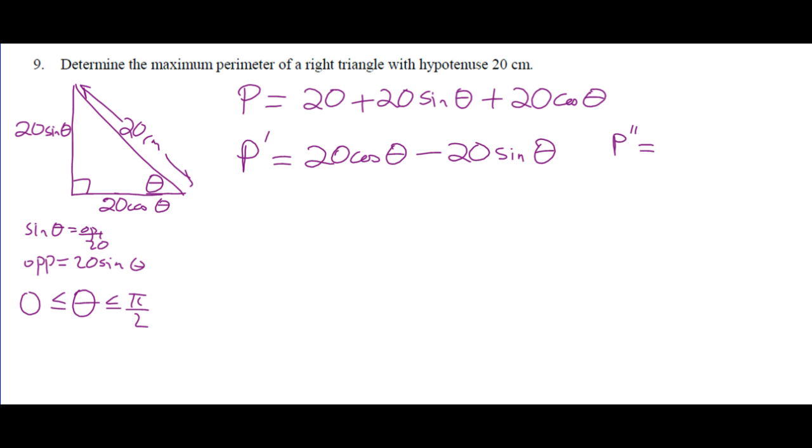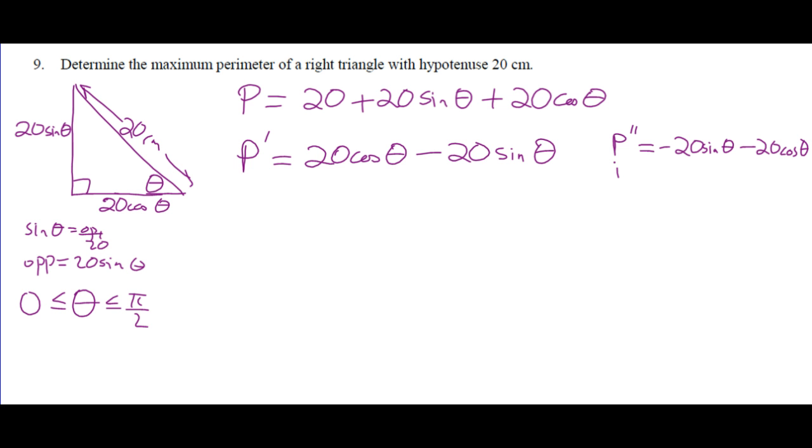That will be minus 20 sine theta minus 20 cos theta. So in our domain, what can we say about the second derivative? Sine and cosine are positive, so it's just going to be negative.